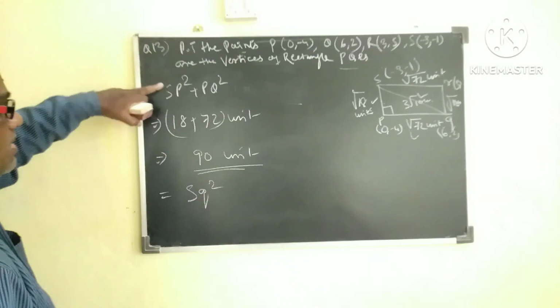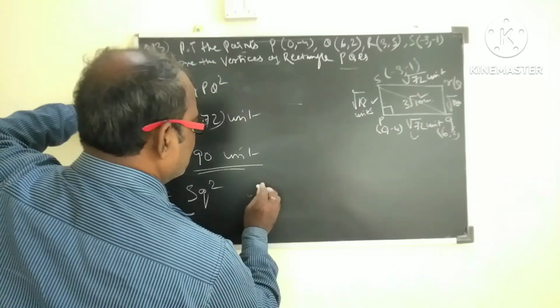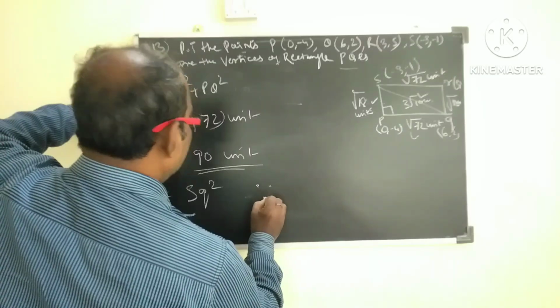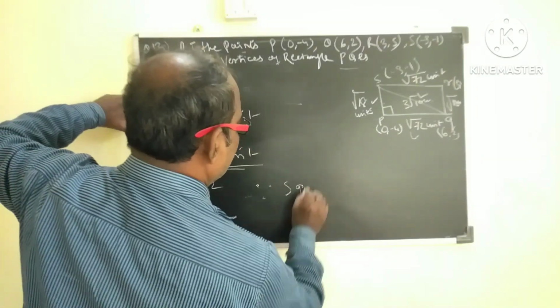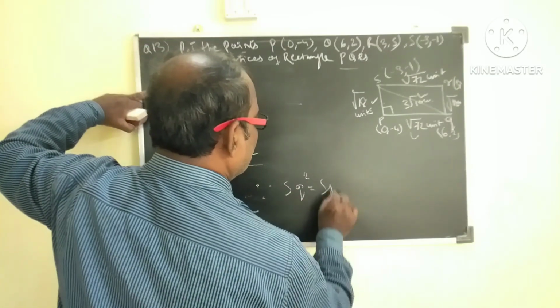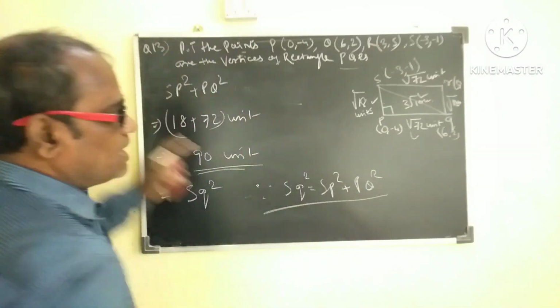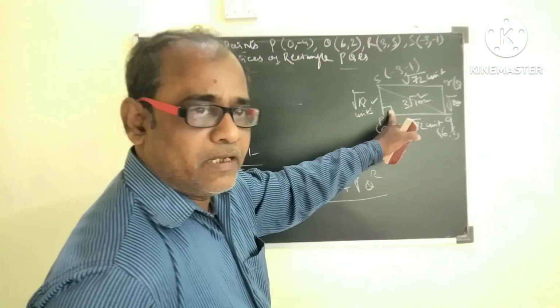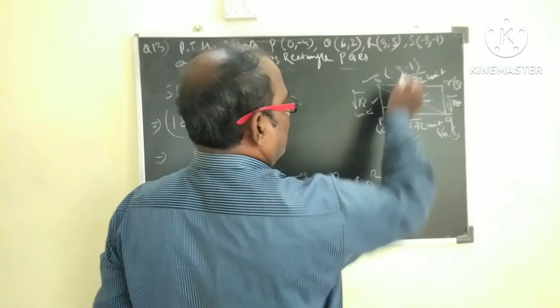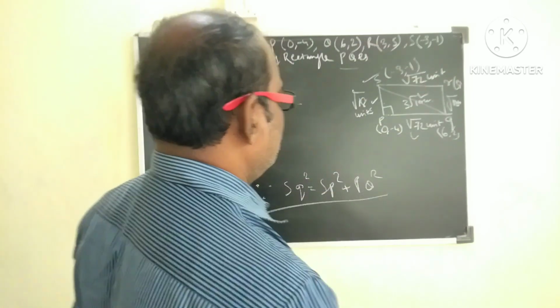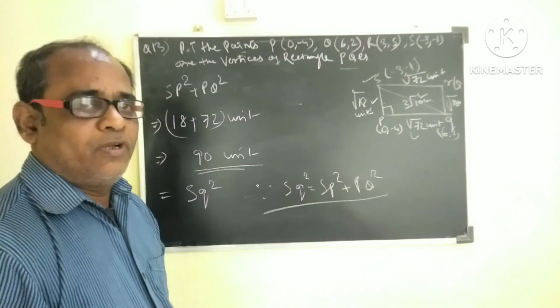Therefore, by Pythagoras theorem, since SQ square equals SP square plus PQ square, this proves that this is a right angle triangle. Hence, the given vertices in this question are vertices of a rectangle.